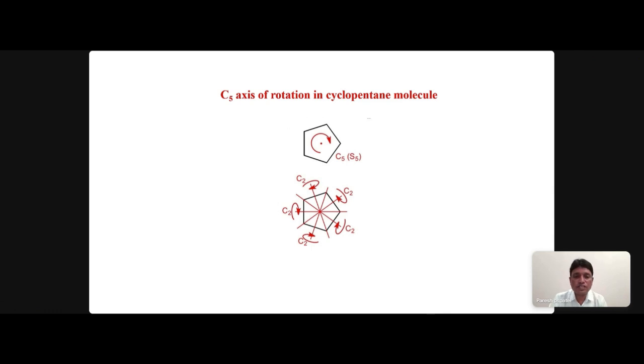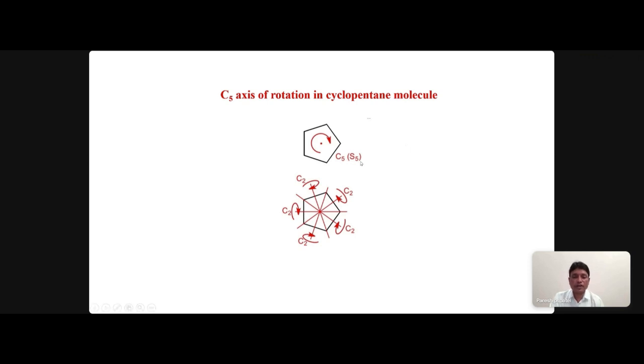In case of the cyclopentane molecule, this is the imaginary axis, and if we rotate the molecule along this imaginary axis by 72 degrees, we get an equivalent orientation. So here n is equal to 360 by 72, which is 5, meaning the order of axis for cyclopentane is 5.